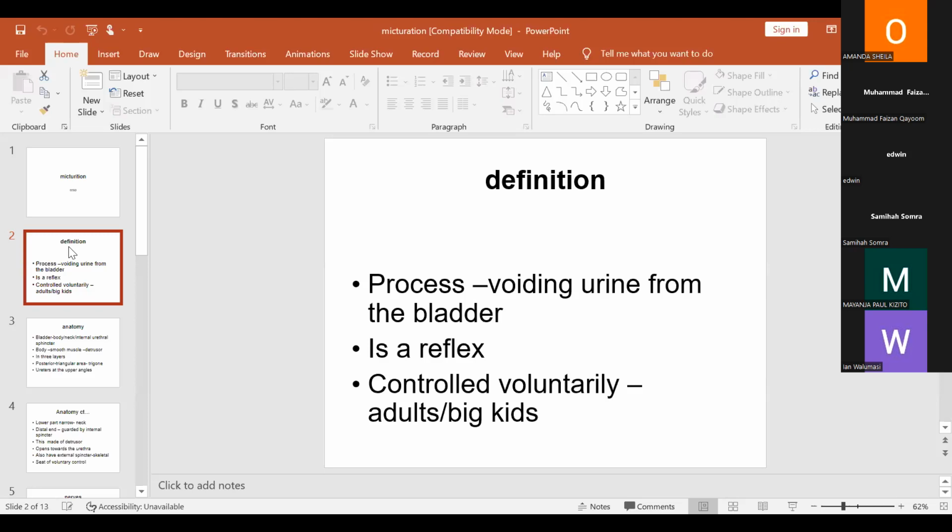There's no thinking, reasoning, planning. But adults and big children, children who have grown and been taught potty training, have been taught how to pass urine, will always subject passage of urine to the higher centers. Is it appropriate or not?